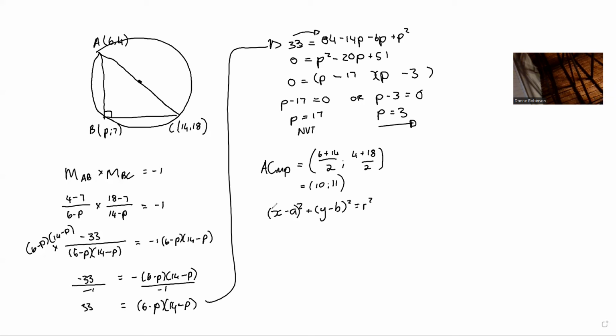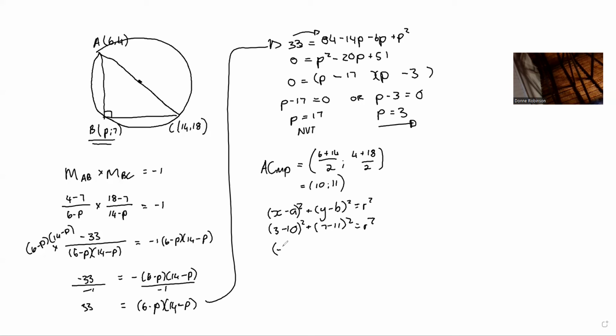For this x value, I went with 3 and 7, which is point B. So I'm going to say 3 minus 10 squared plus 7 minus 11 squared is equal to r squared.